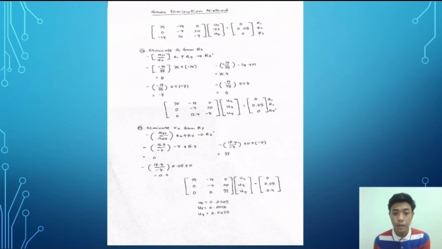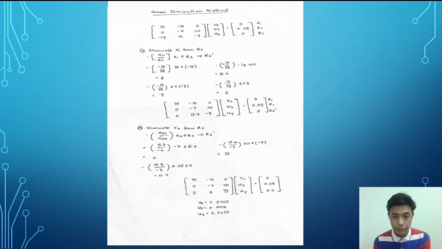So from that we got the answer 0, 37, and 0.11. And then this is the new matrices. We got the 35, 0, 0, negative 14, negative 7, 0, 0, 30, 0, 20, and 37. So from that you can see the 0 perform triangle in the matrices.